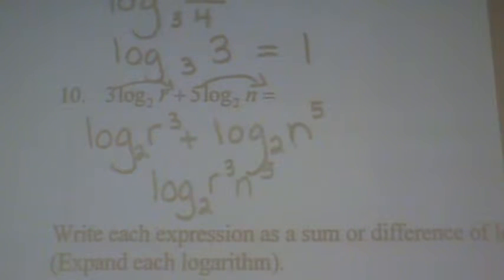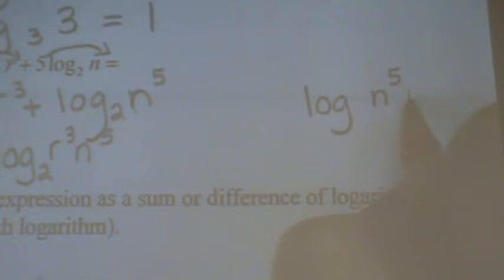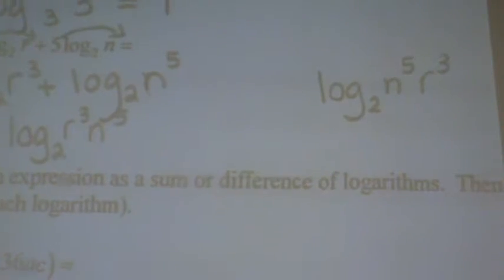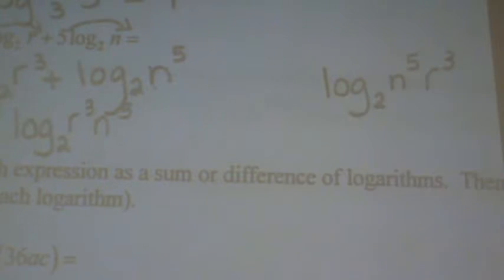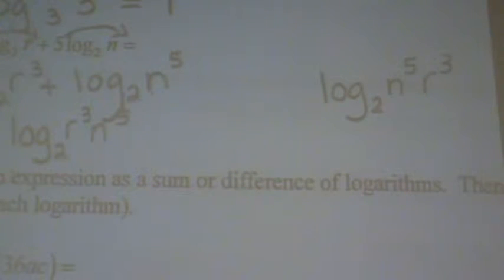And a better answer would be log of n to the 5th, r cubed. What did I just do? Alphabetize, or the biggest power should go first. Either way, they're both the same answer.